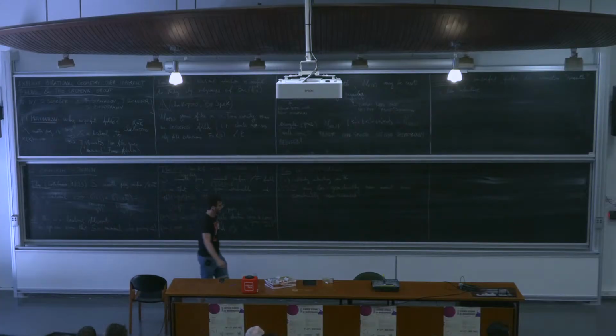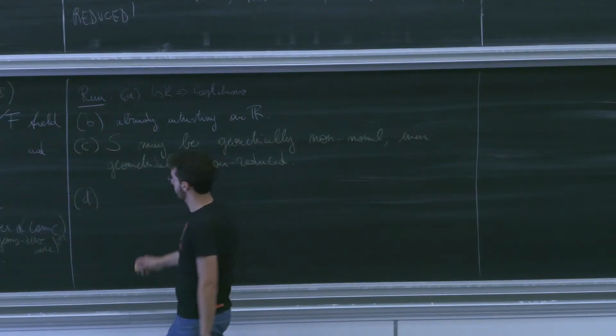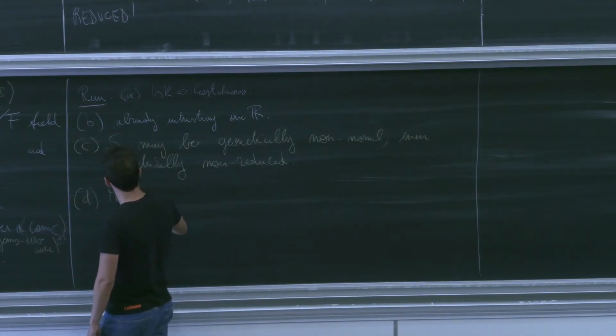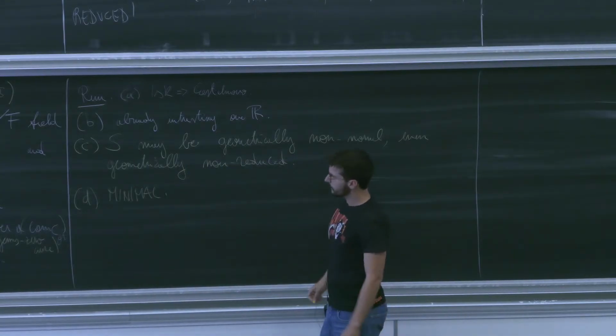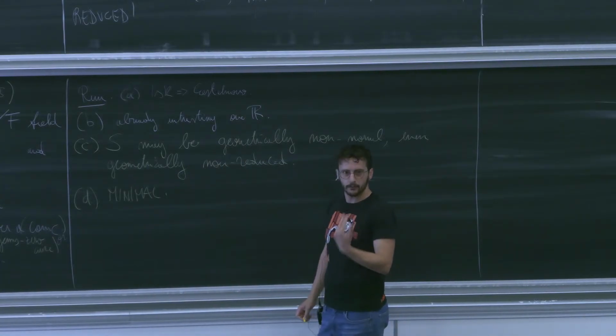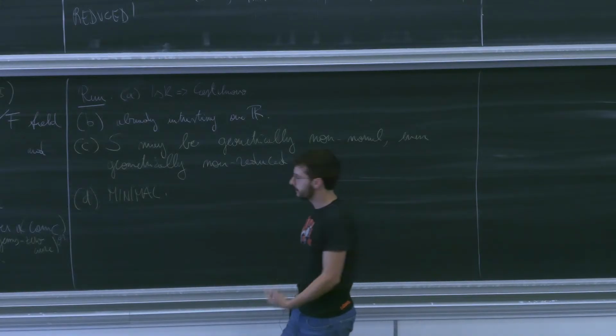Very good point. And in the same spirit of Michel's comment, what does minimal mean? Over an algebraically closed field, it means you have no -1 curves. But here you need a generalization of this.